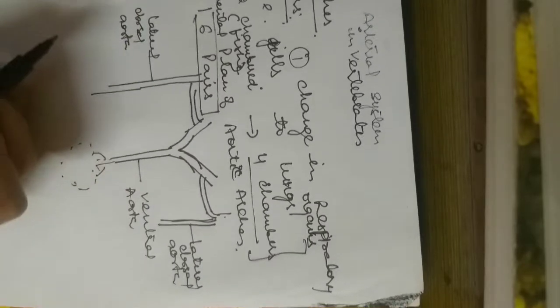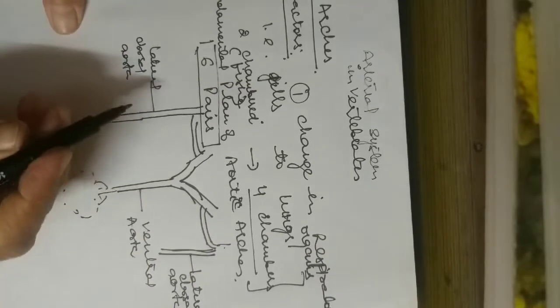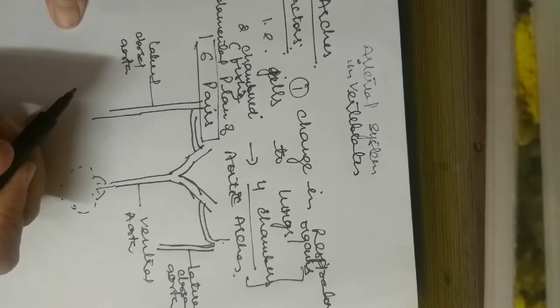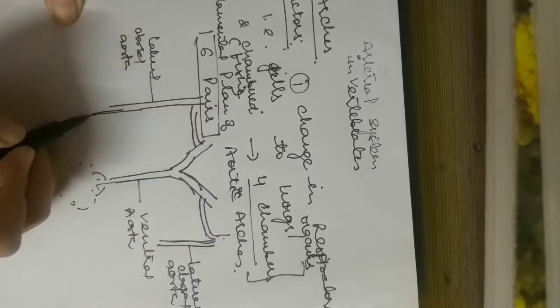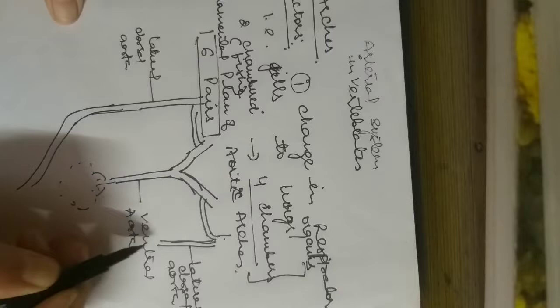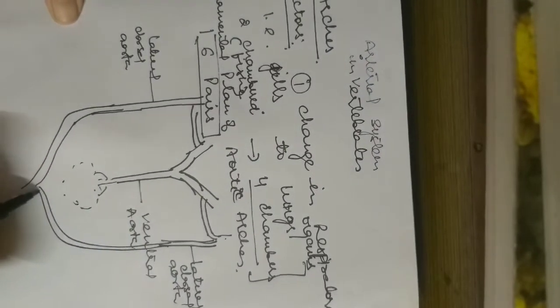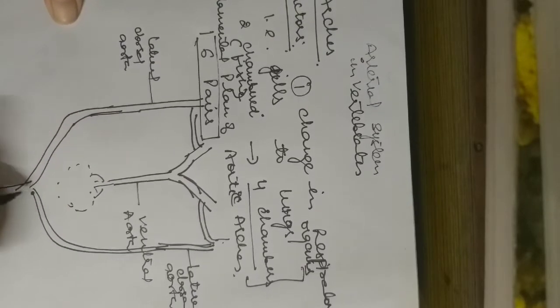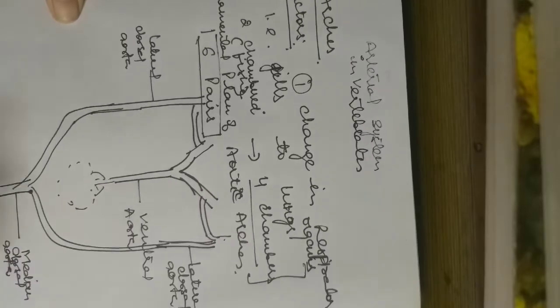Plural is aortae. And these lateral dorsal aortae behind the pharynx converge and meet in the center like this. Along the mid dorsal line, they run as a median dorsal aorta.